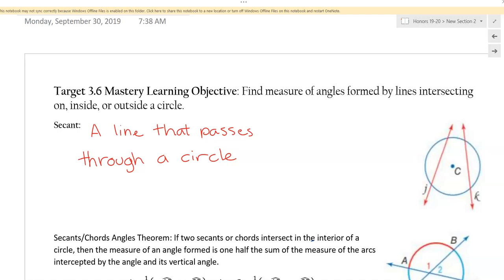Okay, so both of these are secant lines, and unlike a tangent, which hits it only once, a secant goes through twice. As I go through here, I hit it at one point, and then I hit the circle at another point. So it completely passes through that circle. It doesn't have to pass through the center, but it just has to pass through twice.